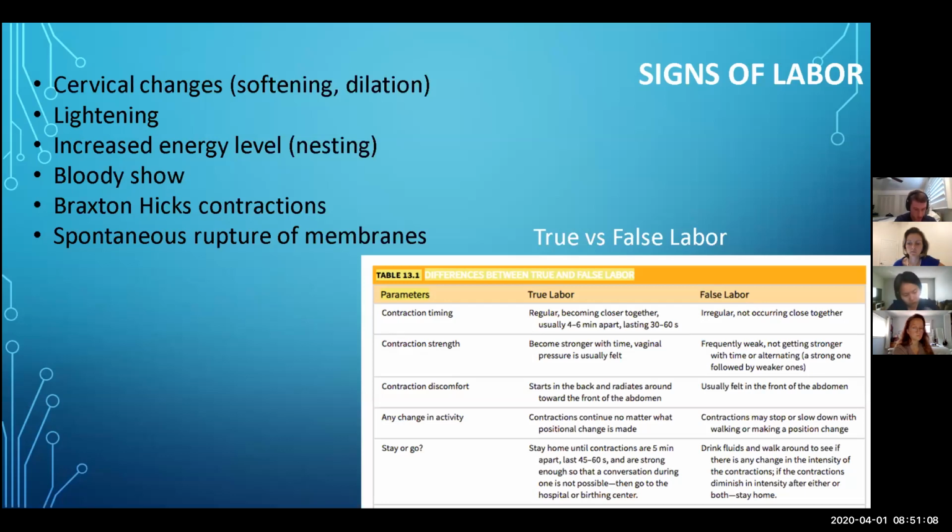So this is everything that the patients are highly educated on, or we hope they're highly educated on in the office. That way they know when to report to the hospital or when to call their physician. This is also located in table 13.1 on your slide on page 4 and on page 424 in your textbook. So this is also available to you after lecture is complete.